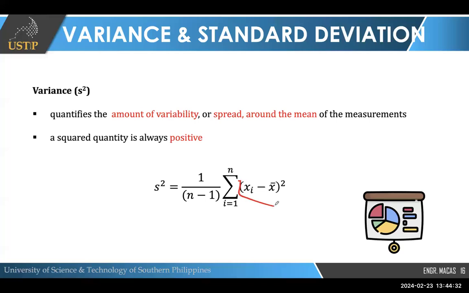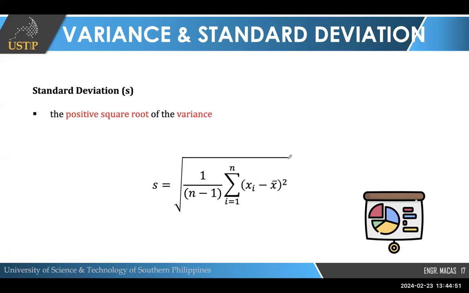Okay, that expression. And then you square that, and then you sum all of that, and then divide by n minus 1. Think of the variance as getting the average of the squared deviations.